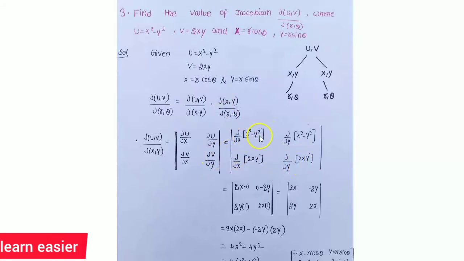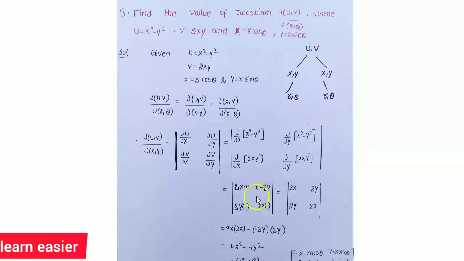Now we have to find the derivative of u with respect to x by taking y as constant. So the derivative of x square is 2x, and the derivative of y square is 0, because here we are differentiating with respect to x, and now here we are differentiating with respect to y.